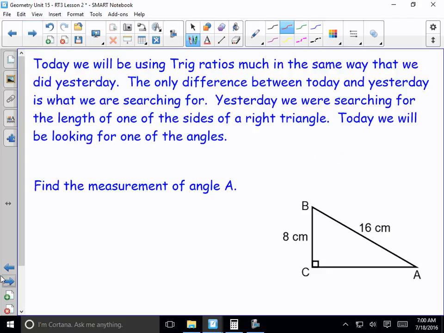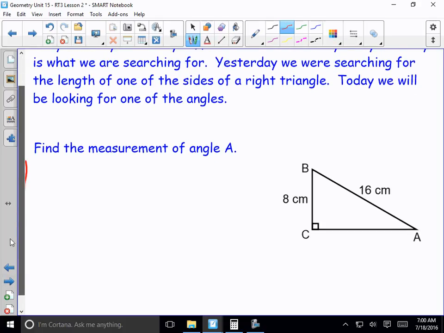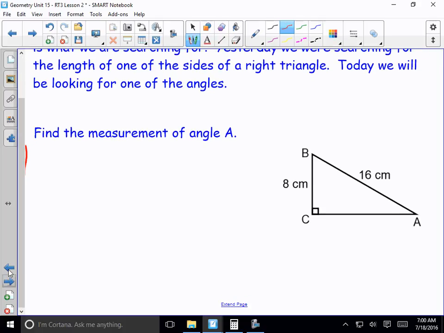Today, like we said, we're going to use the trig ratios that we talked about yesterday, but we're going to use them to find a missing angle measure instead of finding a missing side length. Remember, in this case, we're standing at A. So when we stand at A, we have to label our triangle based on that. 16 is the hypotenuse, 8 is the opposite, and this missing side length would be the adjacent side length.